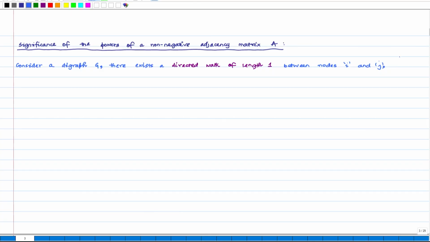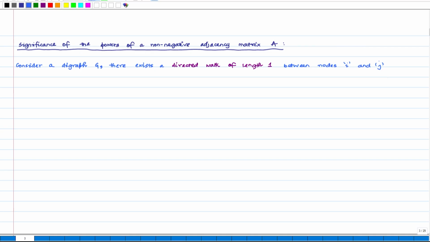As I said, a directed walk of length 1 is simply an edge. So, what property should the adjacency matrix satisfy? It simply means that there must exist an edge from i to j, meaning the entry Aij should be non-zero.